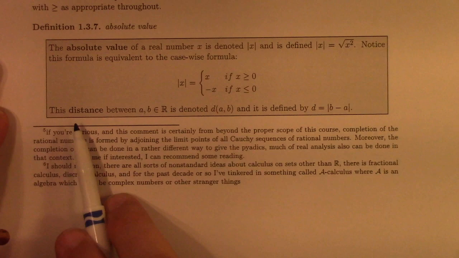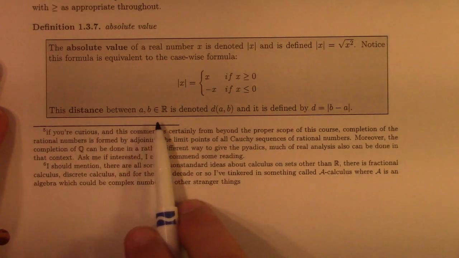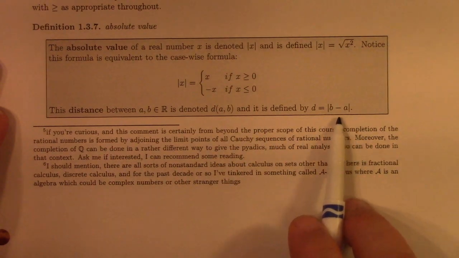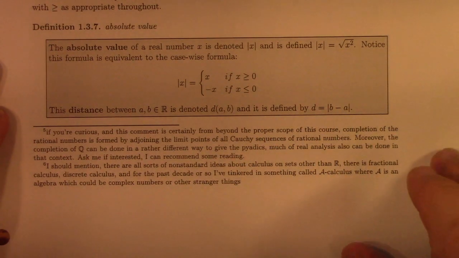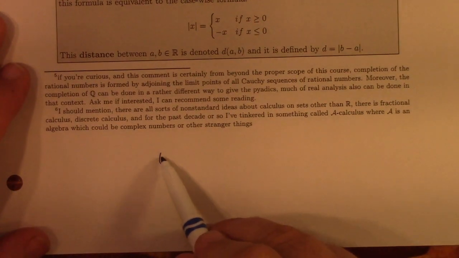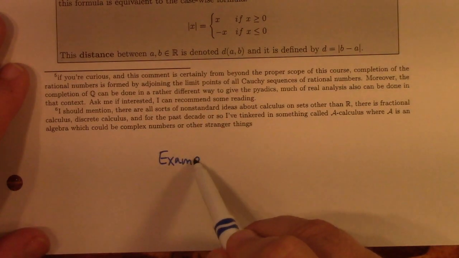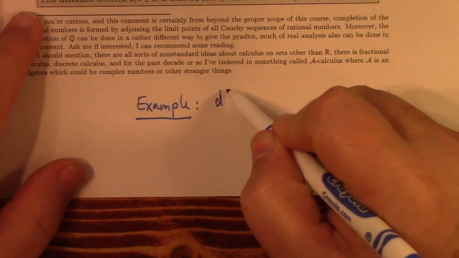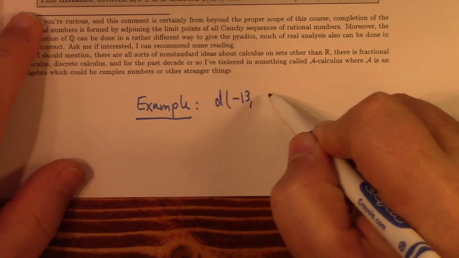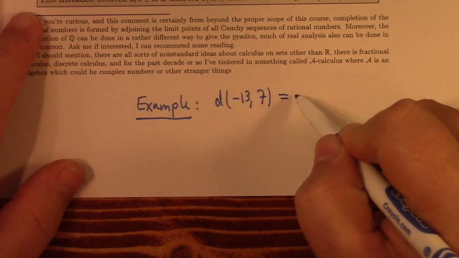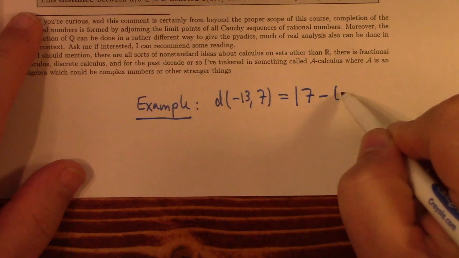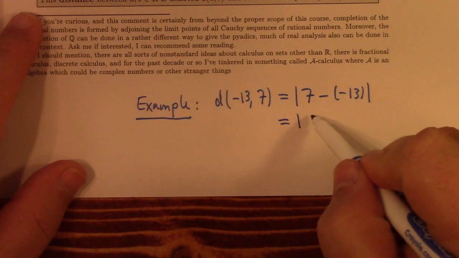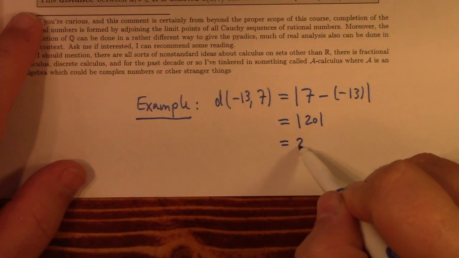And finally, we can also use the absolute value function to define distance between numbers. So the distance from a to b is defined by the absolute value of b minus a. Just to throw an example in here: if I want to know the distance from minus 13 to 7, I take the absolute value of 7 minus (minus 13), and that gives me the absolute value of 20, which of course is equal to 20, which is what we know.